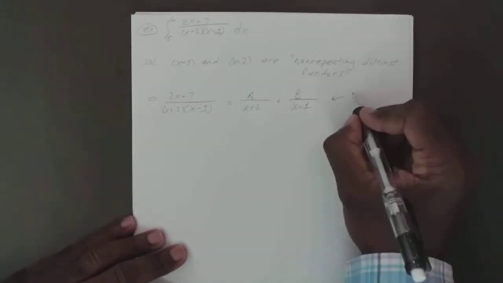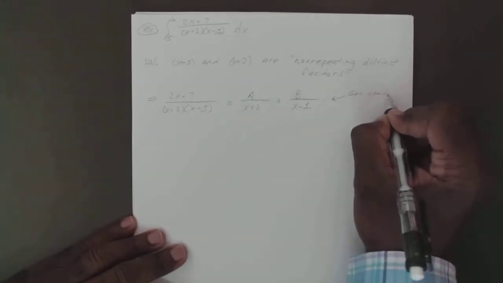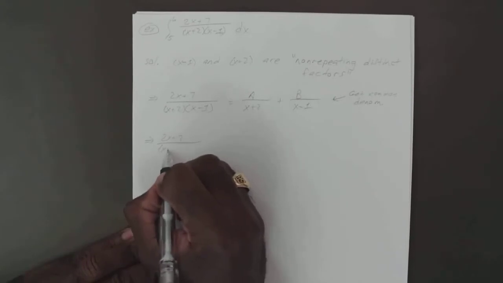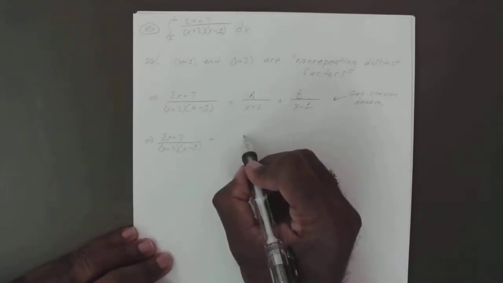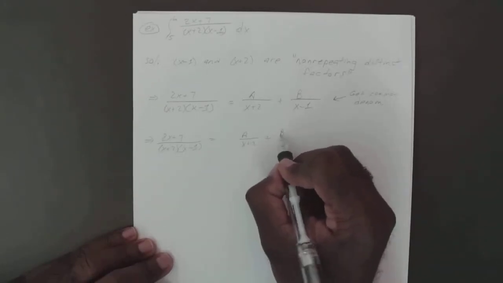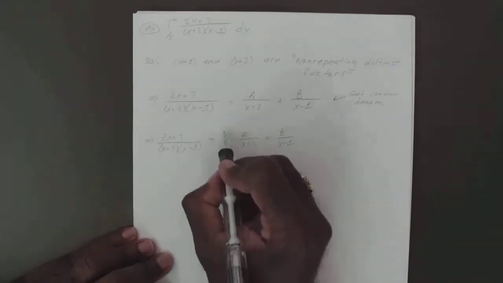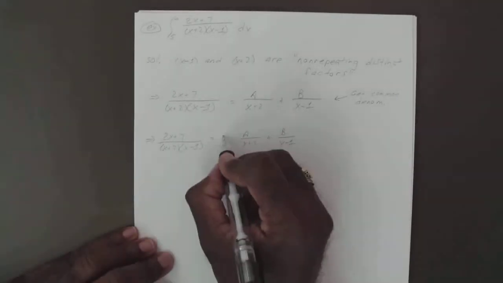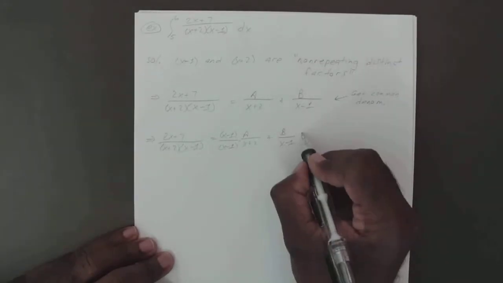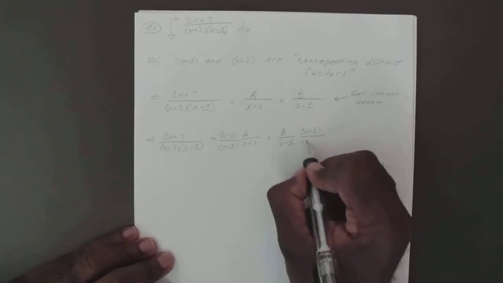Okay, so the first thing you're going to do is you want to get your common denominators. Which means that 2x plus 7 over x plus 2 times x minus 1 actually equals A over x plus 2, B over x minus 1, multiply this one by x minus 1 over x minus 1, and this one by x plus 2 over x plus 2.